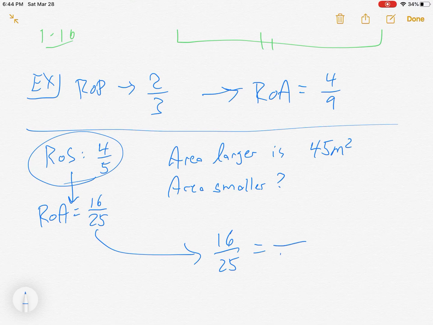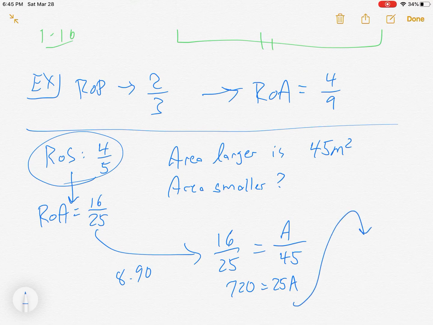Now the bigger was 45, so 45 goes in the denominator. So the unknown area goes up top. And I really made this difficult on myself since I don't have a calculator by me, but maybe I can do this in my head. We'll see. 16 times 45 is 8 times 90, so 720 equals 25A.